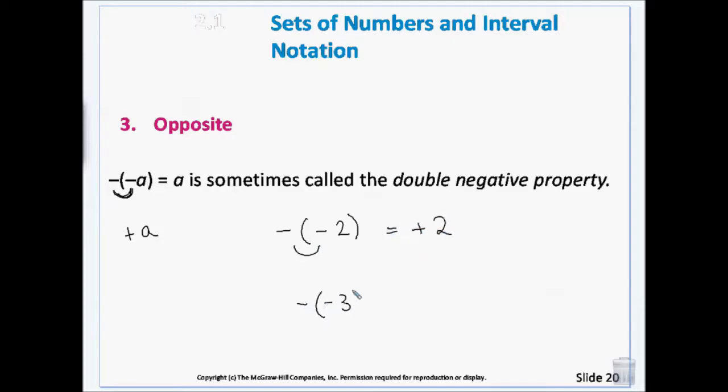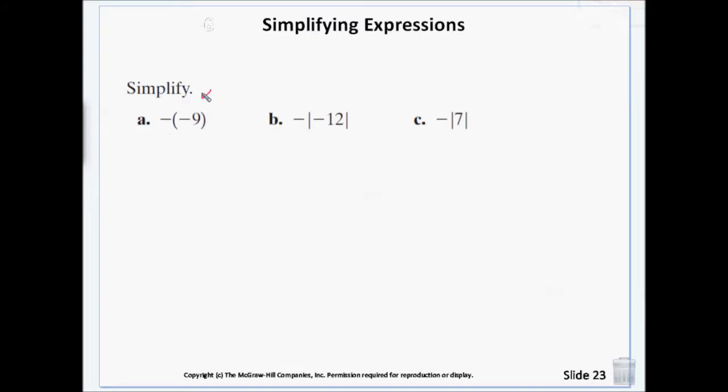If you like to connect dots, oh, look at that, it's a big giant plus. I've actually seen people do this before, where they come in and they go like that. Whatever works for you, just so that you know, if you see those two negatives next to each other with a parenthesis, it's going to become positive. Double negatives work here. This is a double negative.